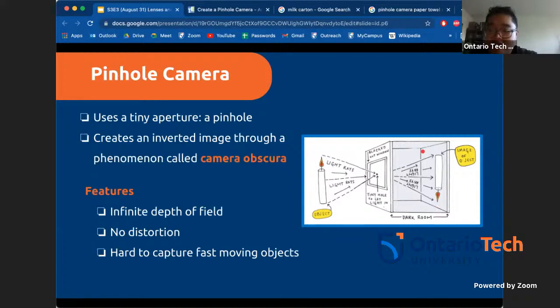On the other side of the tiny hole is where you view the image that you have. Normally this is an opaque surface, not transparent but not too dark, just so that you're able to see or project that image in front of you.